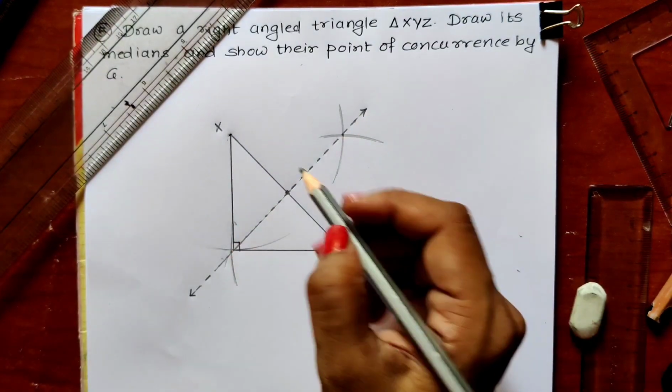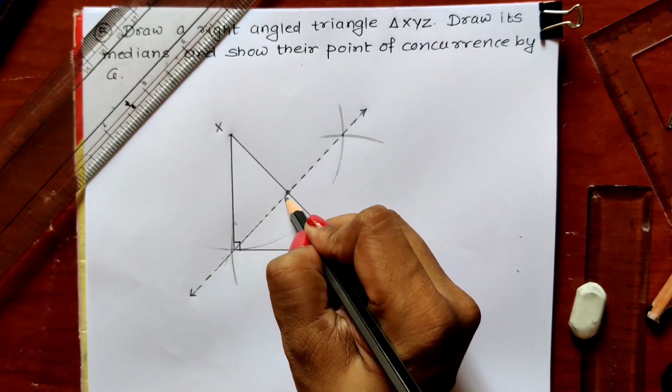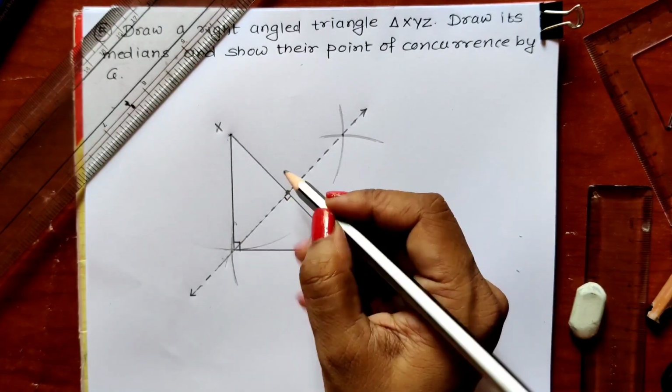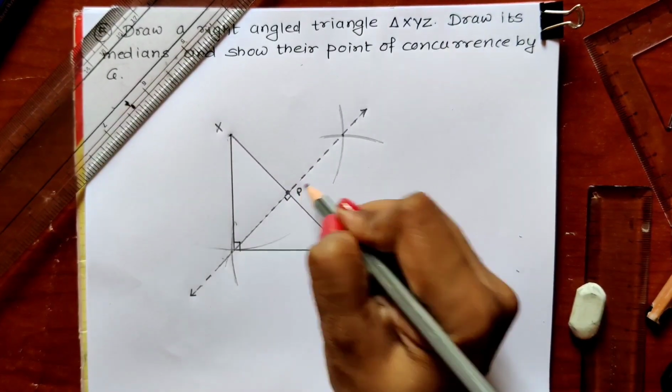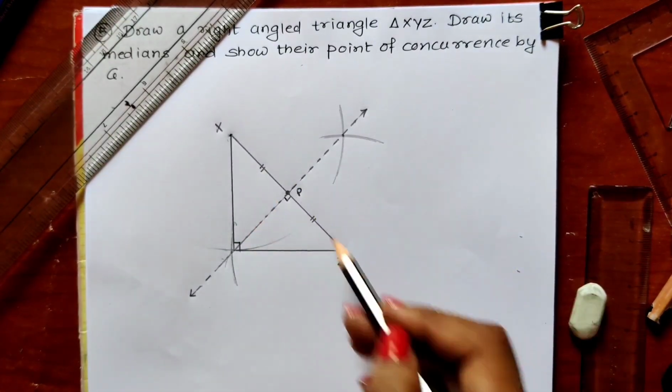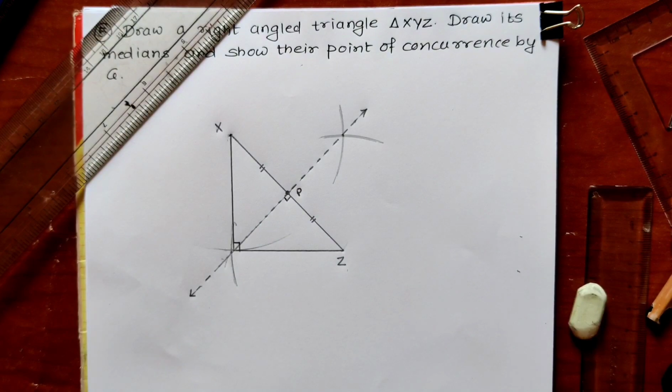As this is a perpendicular bisector, we can put a right angle symbol also, and we can give any name to this point, maybe point P, and these two parts are equal, XP and PZ. These two parts of this segment are equal.